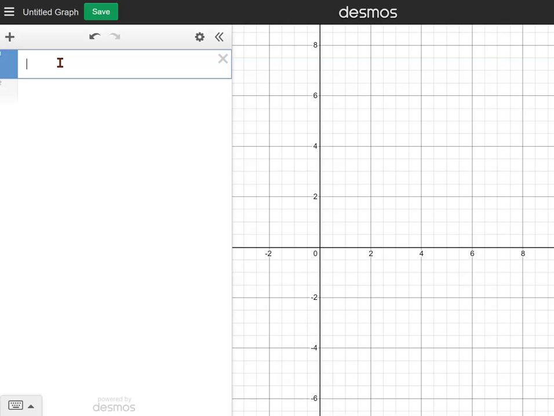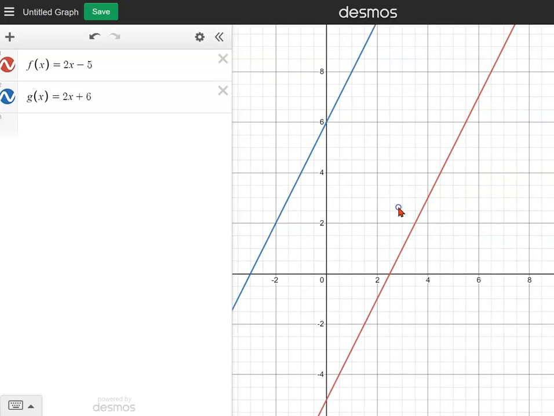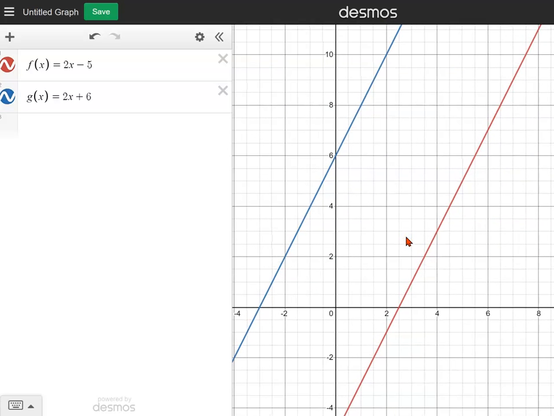All right, so type the two equations here. f of x equals 2x minus 5. That's the red line. And then g of x equals 2x plus 6. The blue line. So if you move this, what can you say about the two lines?